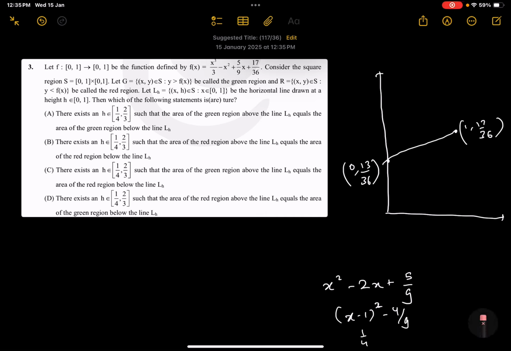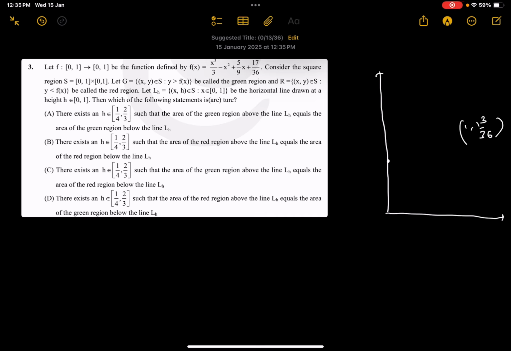Yeah, it is always negative. So in 0 to 1, this should be a decreasing function, I think. Sorry, at 0 it's 17 by 36, and at 1 it's 13 by 36, so it's a decreasing function in this interval. Let's draw something. Draw it like this.